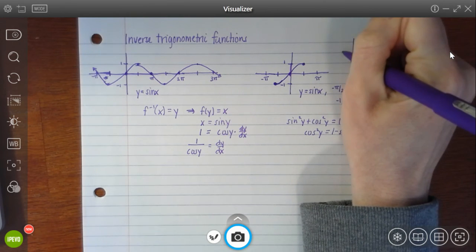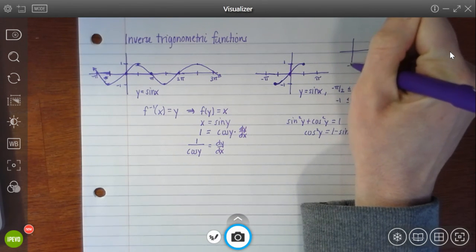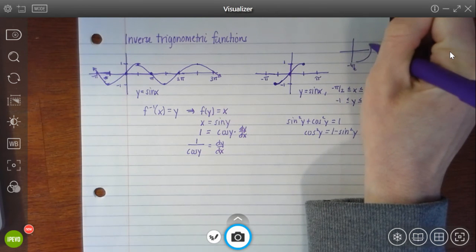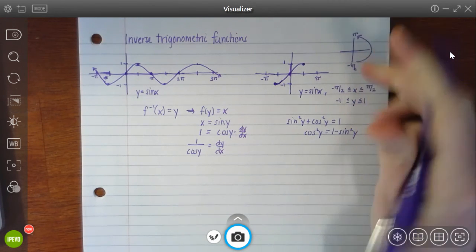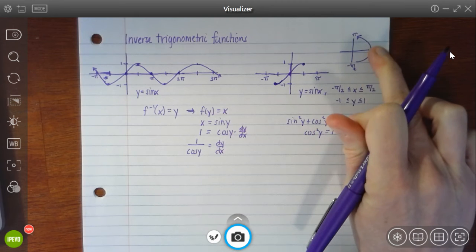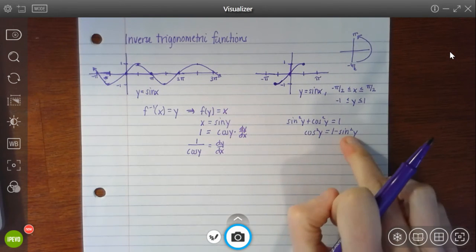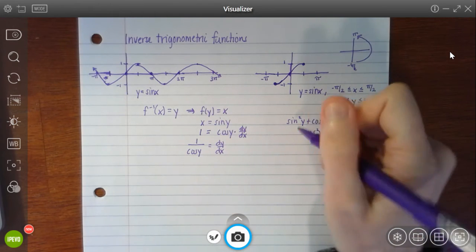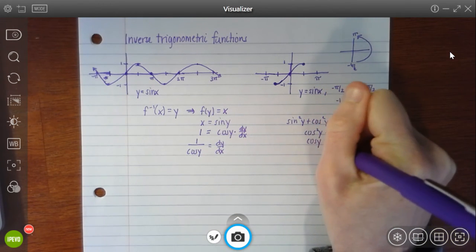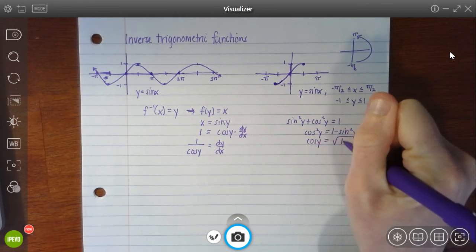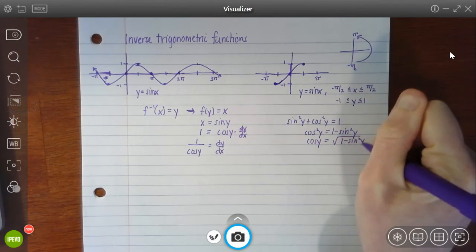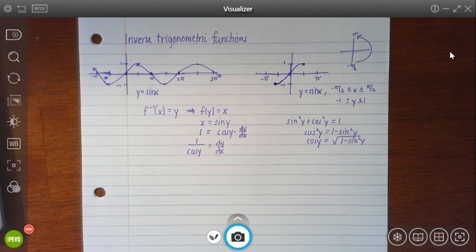If you think about your unit circle, from -π/2 to π/2, the cosine or x values are always over on this side, so my cosine values are always positive. So when I take the square root for this specific problem, based off the domain we're working with, cosine y is equal to the square root of 1 minus sine squared y, and we're keeping that positive square root.